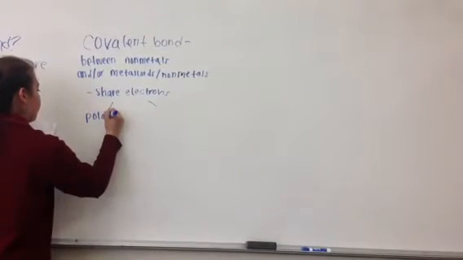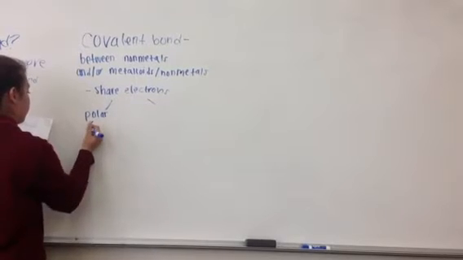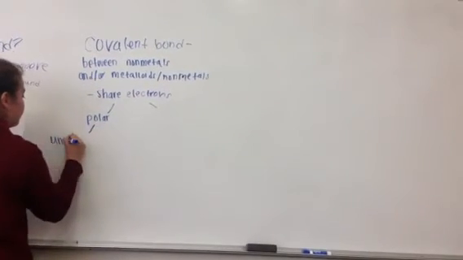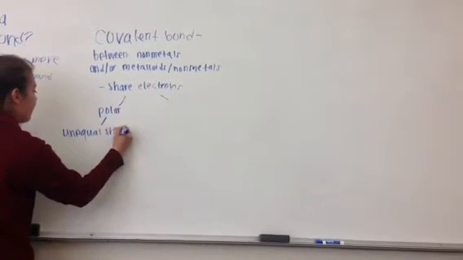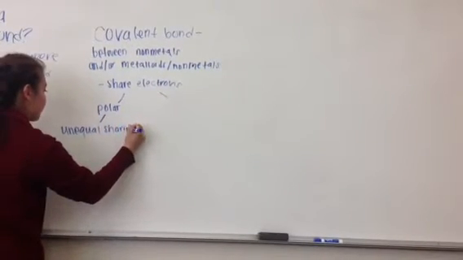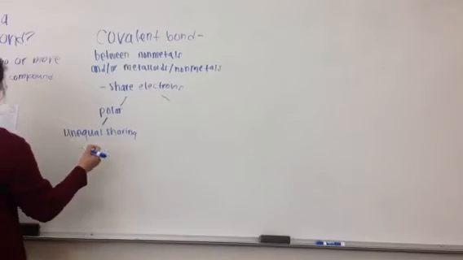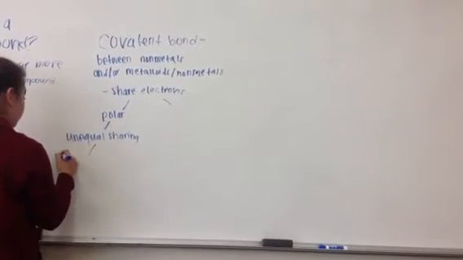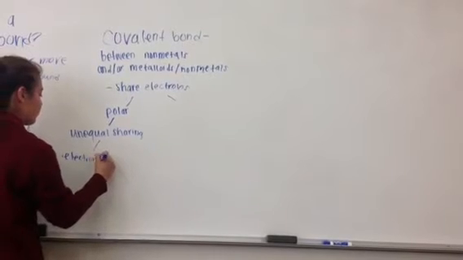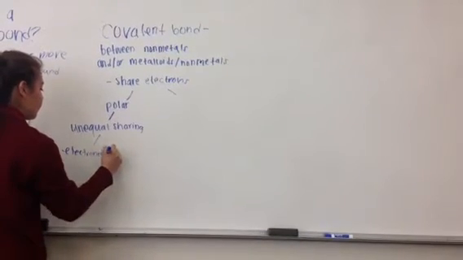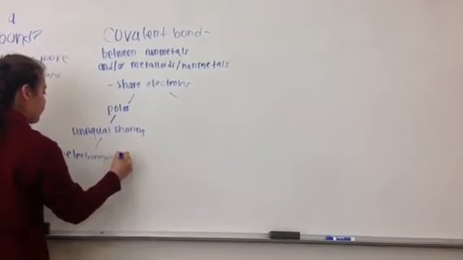Covalent bonds share in two different ways. There is polar and nonpolar. Now, polar sharing is an unequal sharing. The electron is shared unequally between the two atoms or elements.